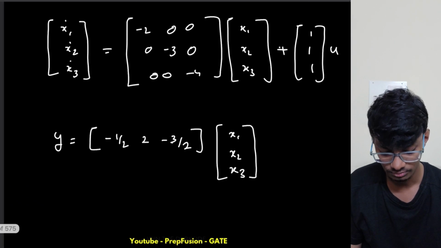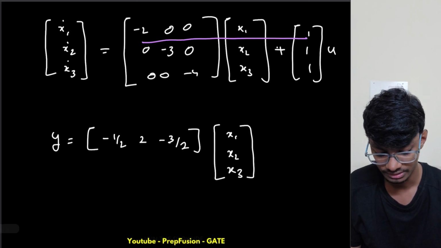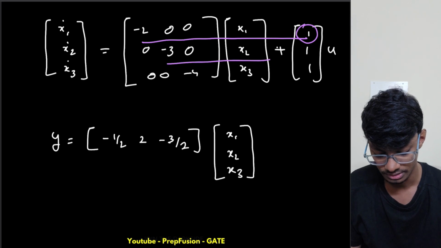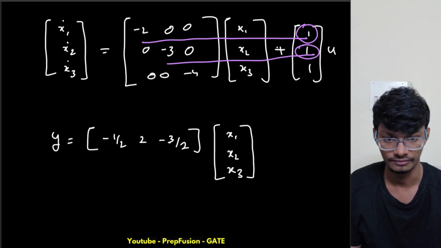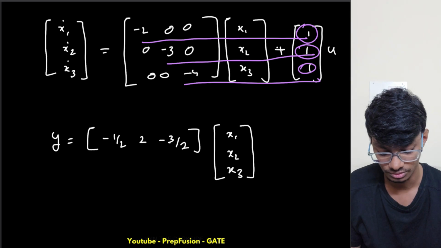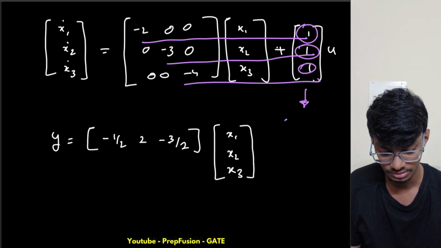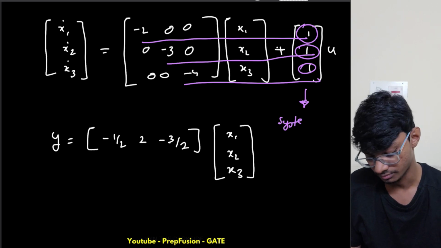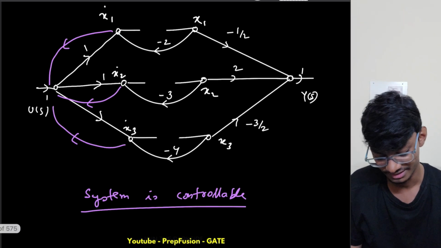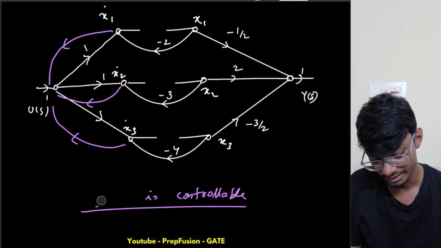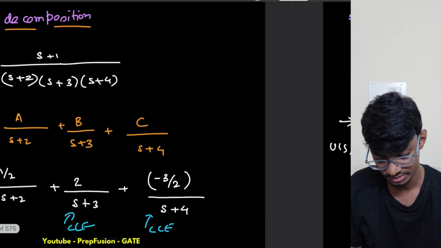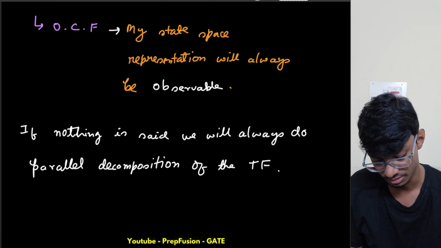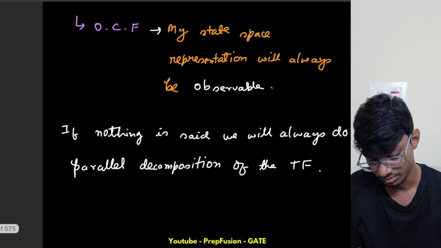And in the state representation we say it like this: as this row element is non-zero, and this element is also non-zero, from here also you can say the system is controllable. Not the system, I mean, we should write here that the state space representation is controllable. So again I should copy this one.